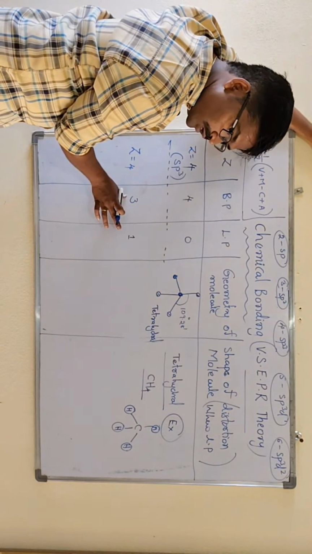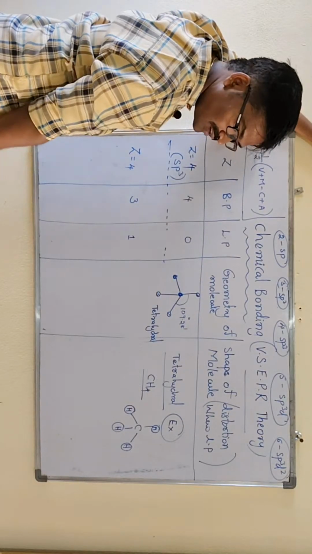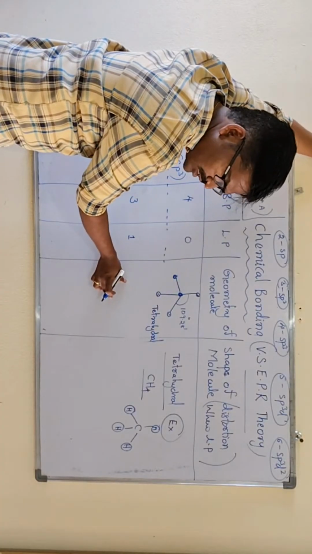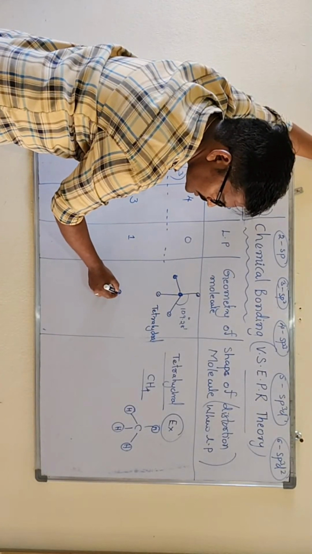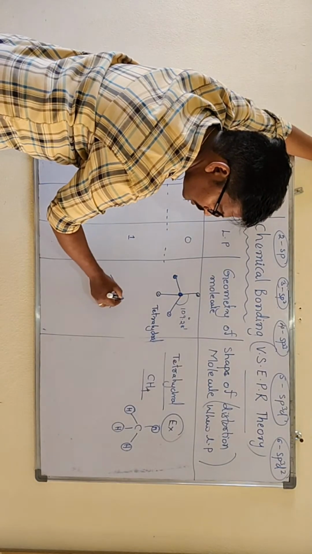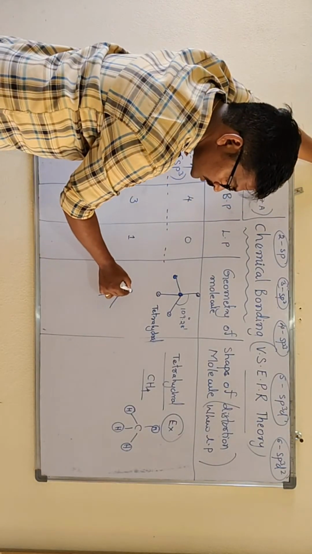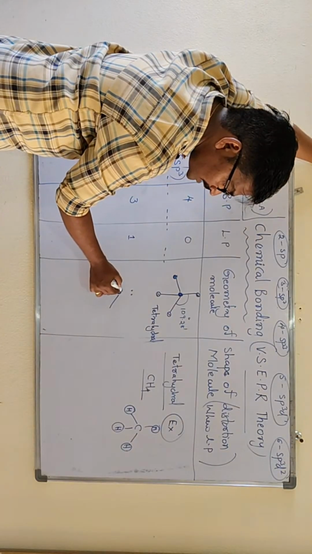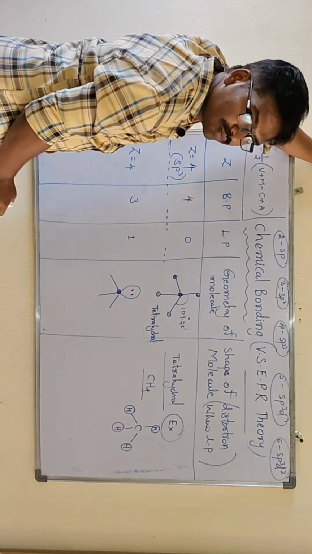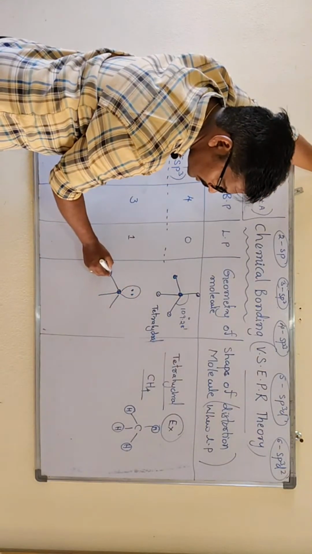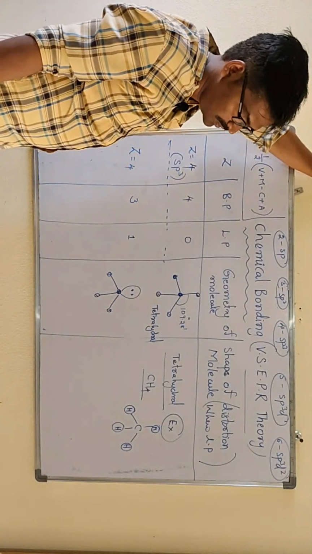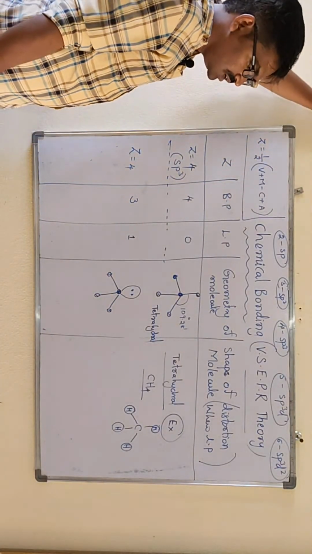So 3 bond pairs are there and 1 lone pair is there. Observe the same geometry. This is the central atom. How many bond pairs are there here? 4. One of them we consider as a lone pair, and the remaining are bond pairs. Clear? Understand all of you?